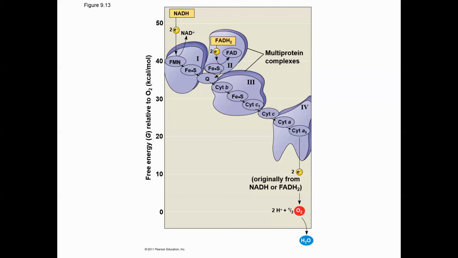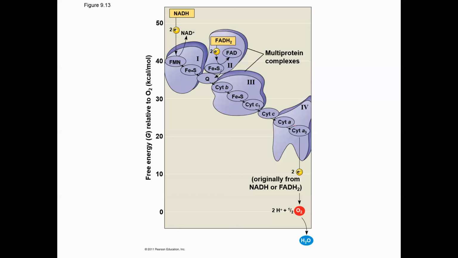So as we see, NADH drops off its 2 electrons up here at the top of the electron transport chain. These are a bunch of different proteins and things embedded in the inner membrane of the mitochondria. FADH2 drops off its electrons a little lower, so you get fewer ATP produced out of FADH2's electrons as they release less energy on their way down this pathway.